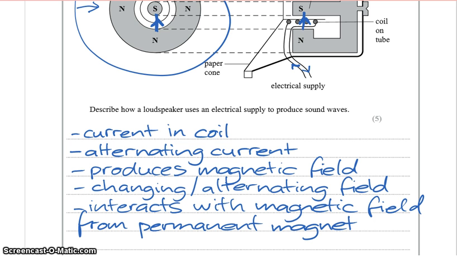So that's another marking point in the mark scheme, that the field around the wire interacts with the magnetic field from the permanent magnet. The other way of thinking about this is if we use Fleming's left-hand rule. So for example here, if I say that the current's flowing clockwise around this wire here, then at that point where I've marked the field, the current's going to be going in that direction.